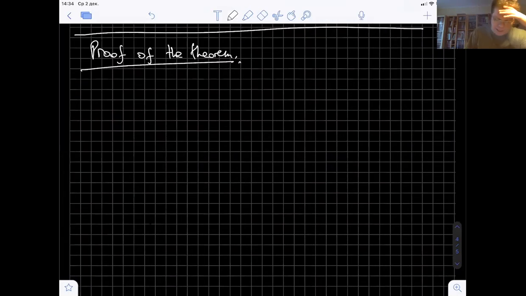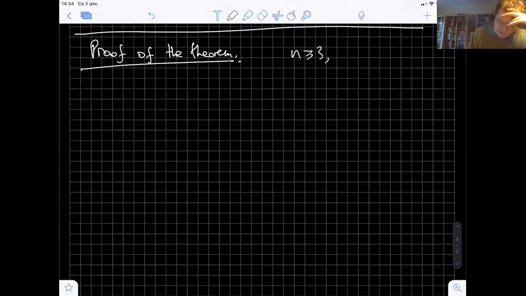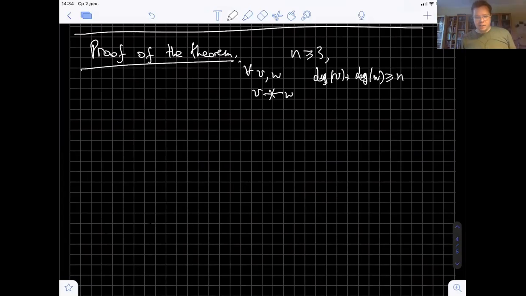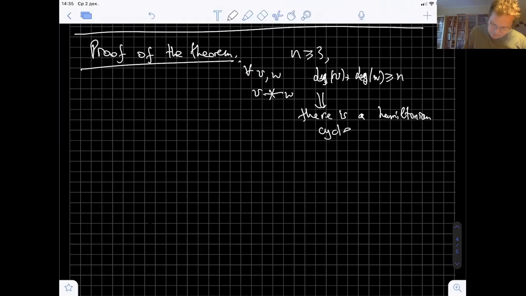Suppose we have 3 or more vertices, and for each two vertices that are not connected, we have this inequality: the sum of the degrees is greater than or equal to n. We want to prove that there is a Hamiltonian cycle.